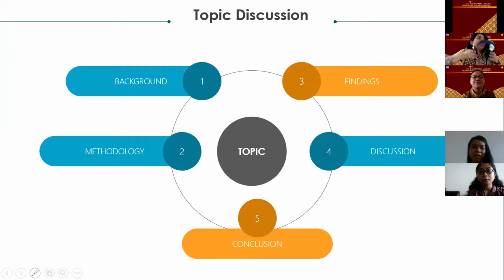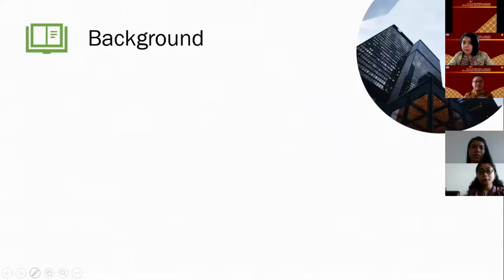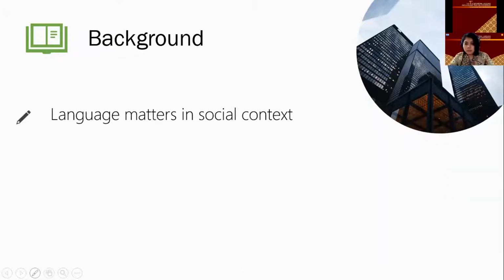At this time, there are five topics of discussion that we are going to share. The first one is background, the second is methodology, the third is findings, the fourth is discussion, and the last one is conclusion. The background of the study, or the reason why we conduct the study: the first is because we see language really matters in social context.